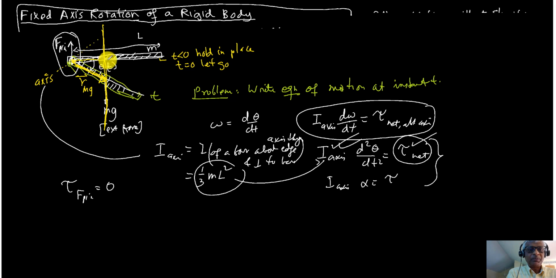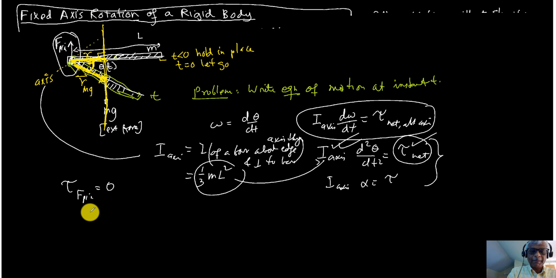And when I drop 90 degrees to that, this is the lever arm. This distance is L over 2, but this distance is not L over 2. At this time, the angle is theta.